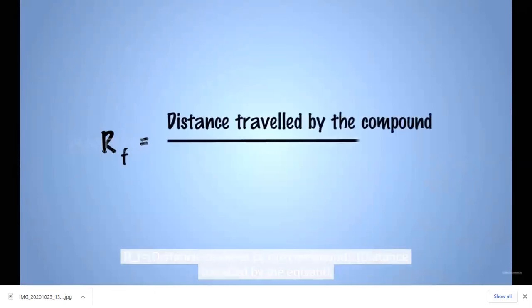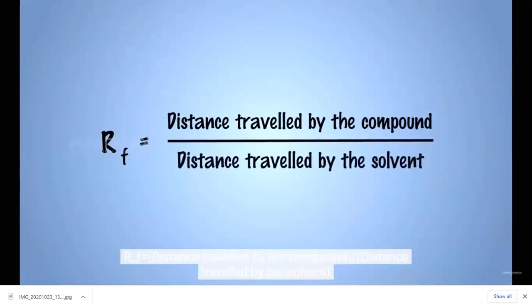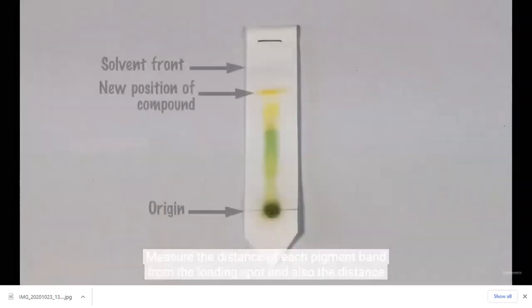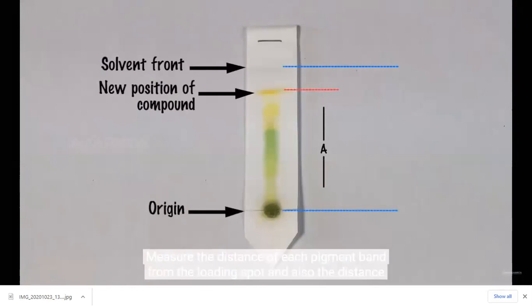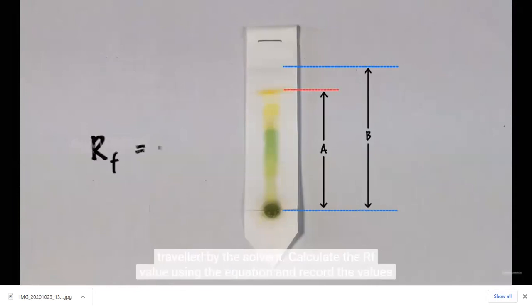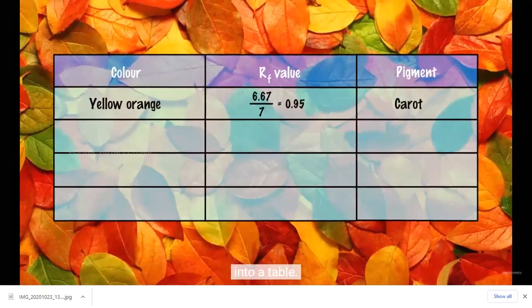The RF value of each pigment spot can be calculated by the equation RF equals distance traveled by the compound divided by distance traveled by the solvent. Measure the distance of each pigment band from the loading spot and also the distance traveled by the solvent. Calculate the RF value using the equation and record the values into a table.